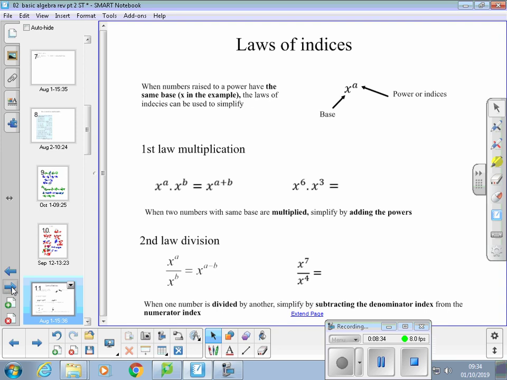Laws of indices. When numbers raised to a power have the same base, so in this example x, to be able to apply the laws of indices, you must have the same base raised to a power. The laws of indices can be used to simplify.